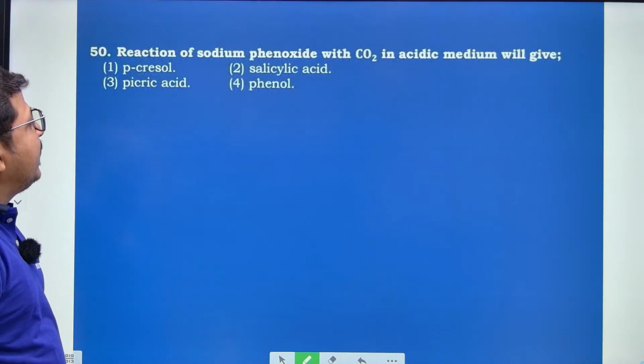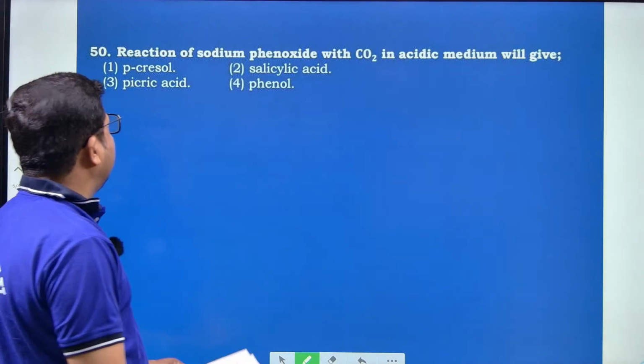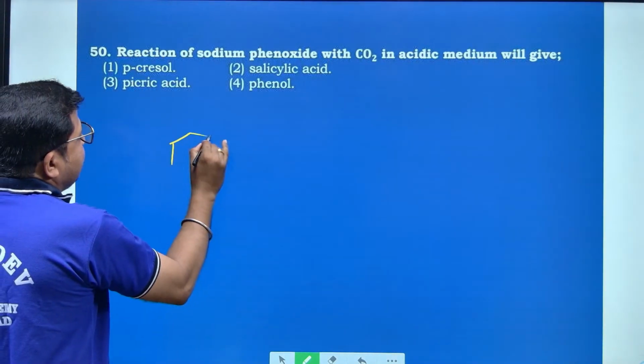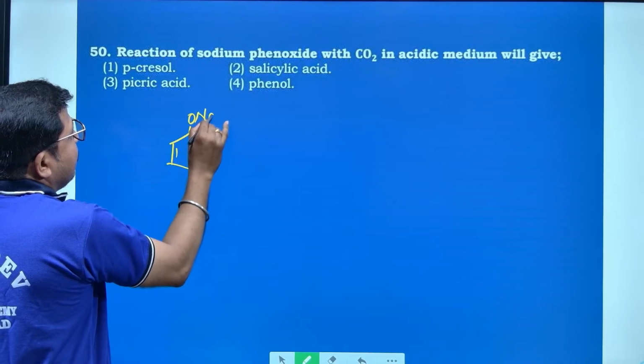Reaction of sodium phenoxide with carbon dioxide in acidic medium will give. See here, this is sodium phenoxide, ONa.